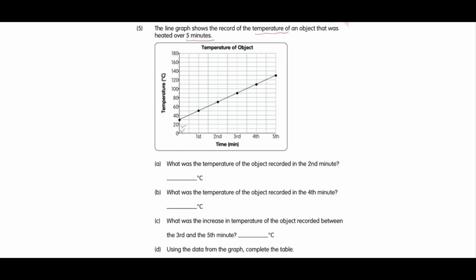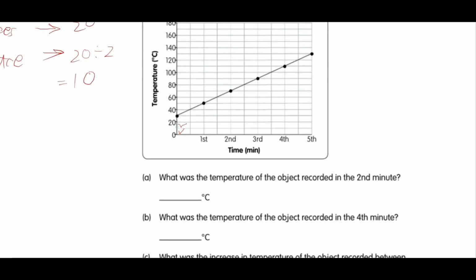We know that two spaces, from 0 to 20, represent a value of 20. So we can find the value of one space, and that will be 20 divided by 2, and that is 10. So that means each space represents a value of 10.